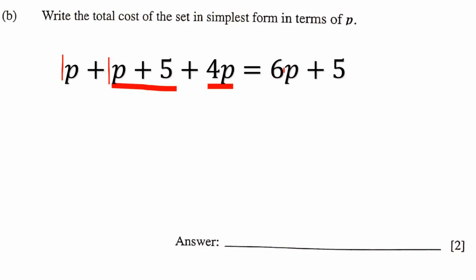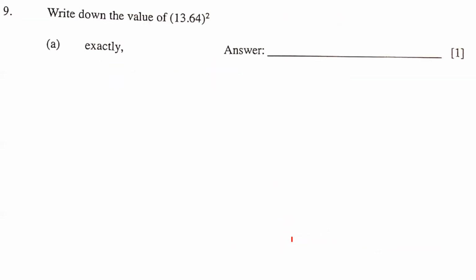So it's 6P plus 5, and that's our answer. How do we get that? We add 4P plus 1P, make it 5P, plus another P, make it 6P. And so we have 6P's, and then plus 5, because 5 is the loner. There's nothing we can add it to, because there's no other like term. So it's just 6P plus 5.